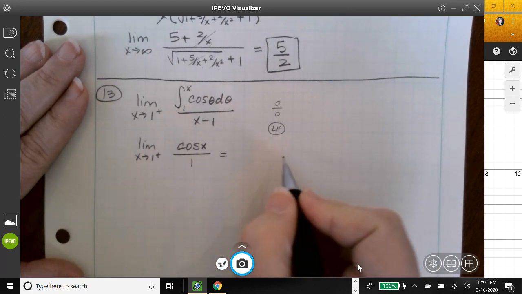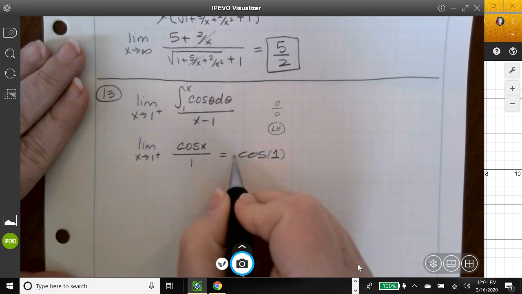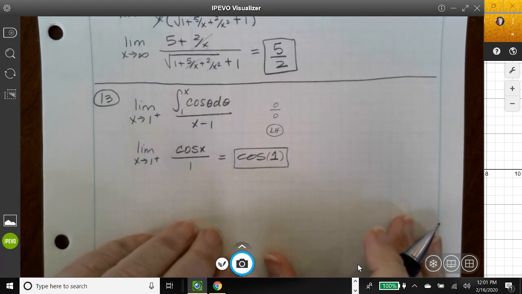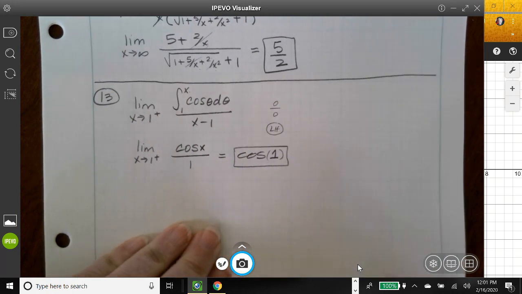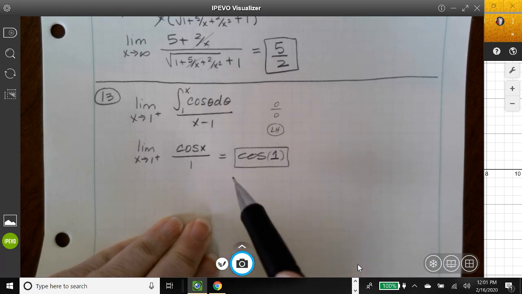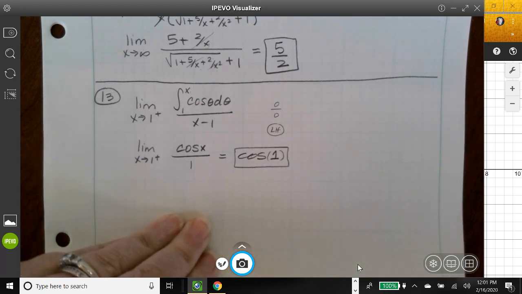And my solution then is going to be just the cosine of 1. And I don't know what that is, and 1 is in radians. It's going to be somewhere in the first quadrant. But cosine of 1 is our limit. This is a kind of a cool one because it reviews the fundamental theorem of calculus and the derivative of that integral. All right, number 14.